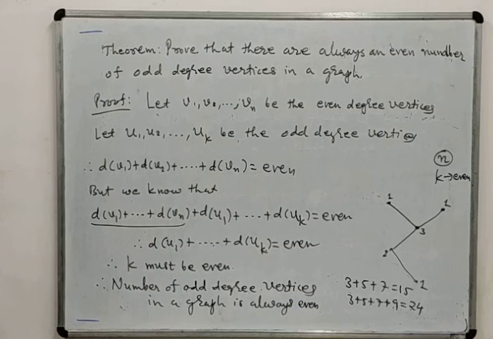You can try to draw any graph. The number of even degree vertices may be even or odd, but the number of odd degree vertices must be even.